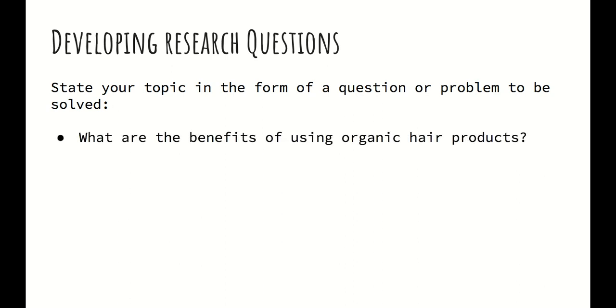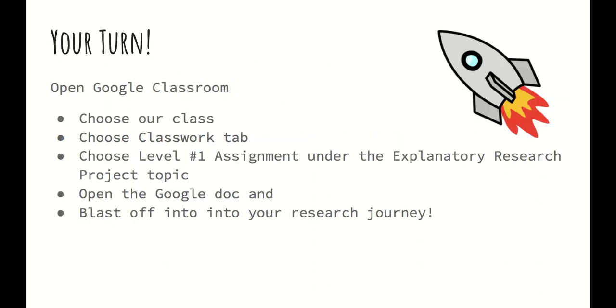So, what are the benefits of using organic hair products or skin products, either one? And are organic products worth the price? Because they are a lot of money. And I've noticed that. Is that worth it? Are there certain things that I could avoid purchasing and then spend the extra money there? So those are my two research questions that I will use to promote and drive my research.